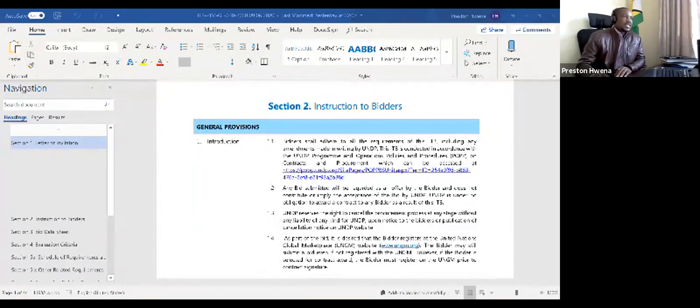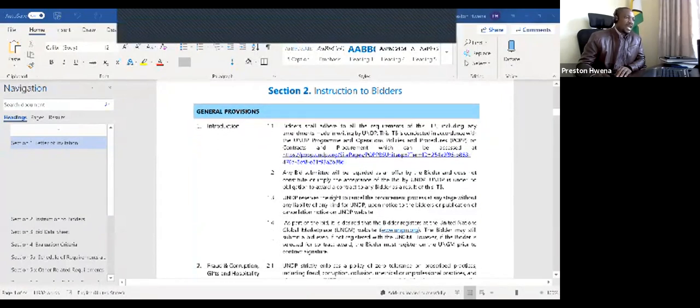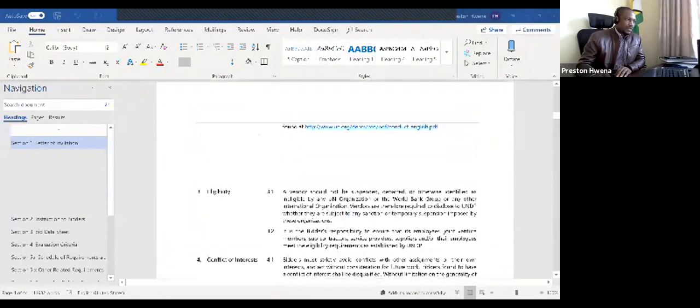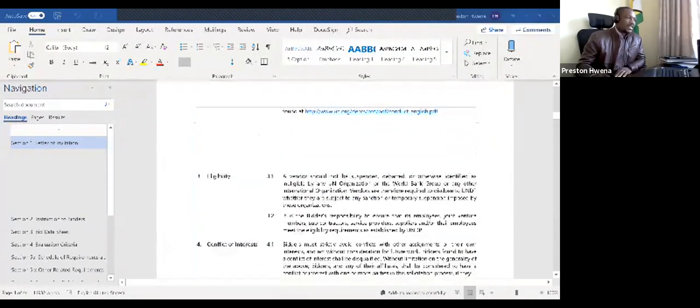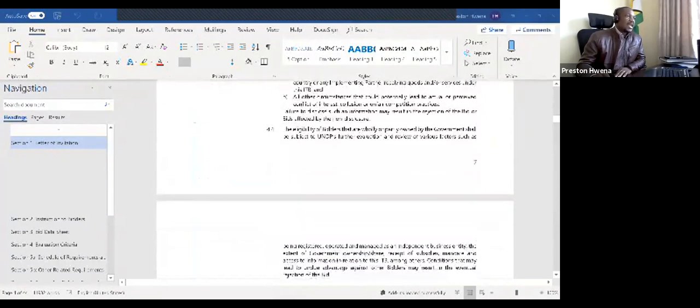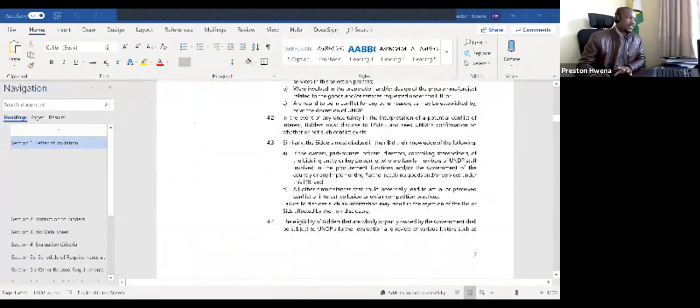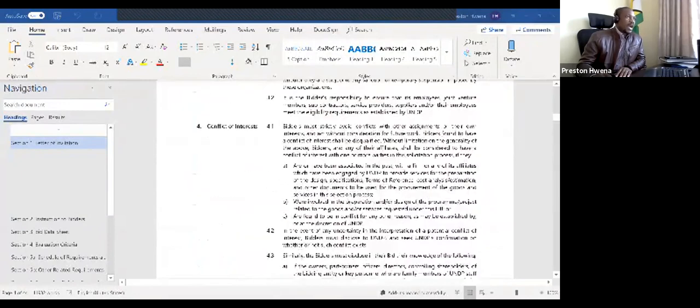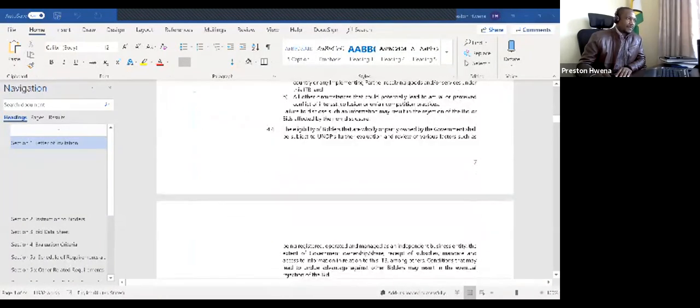These instructions are critical and will also give you the best advantage in terms of using our systems. So I'll not talk much about these unless somebody has a question on any one of the areas, then I'll be able to address it under questions.